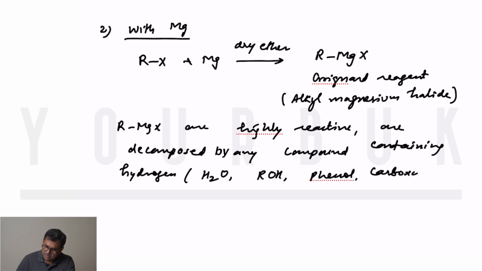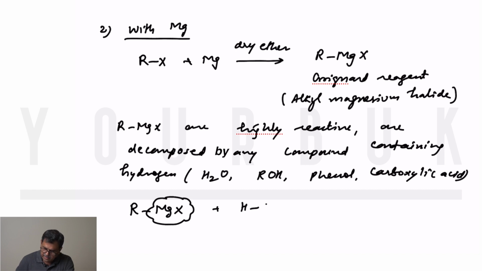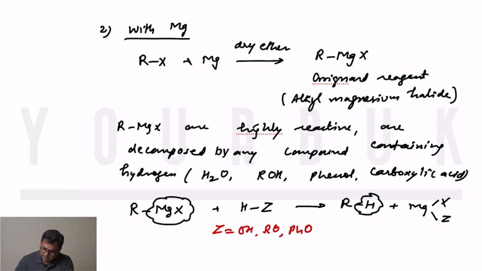So all these compounds can decompose the Grignard reagent to a hydrocarbon. For example, this is our Grignard's reagent. We are reacting it with a compound containing active hydrogen. So it gives RH. So MgX has been replaced by H, and our side product is MgX and Z, where Z can be OH, can be RO, can be phenyl O, can be RCOO minus.